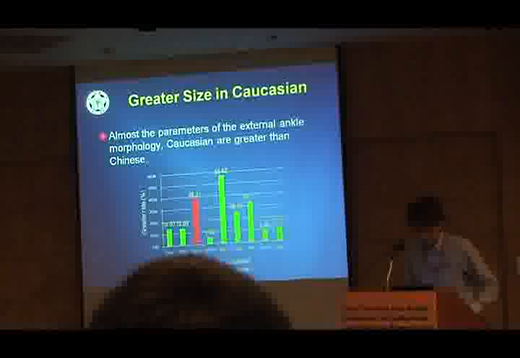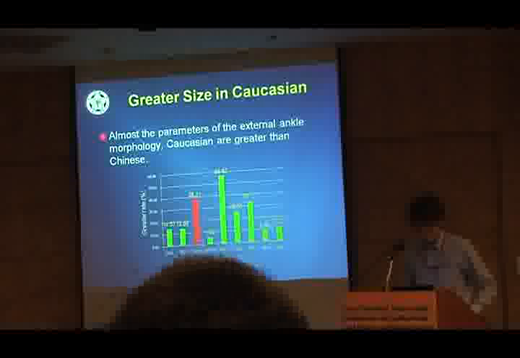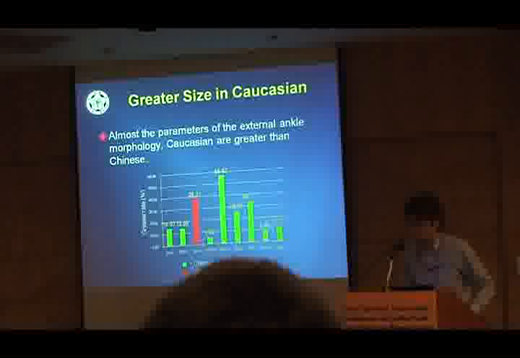For almost all parameters of the external ankle morphology, Caucasians are greater than Chinese, by about 10%.